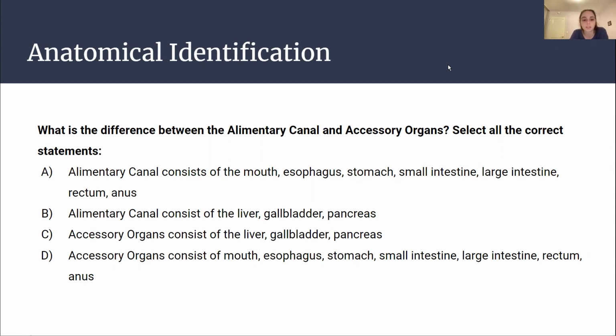Give you guys about 30 seconds. About 10 more seconds, and then we'll go over the answer after we close the poll.